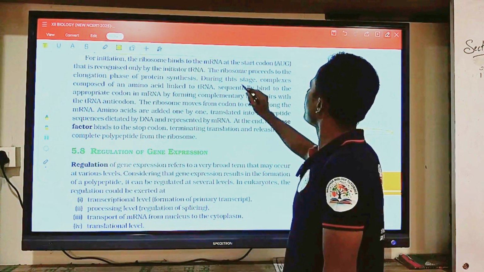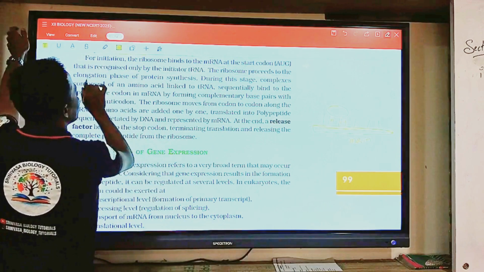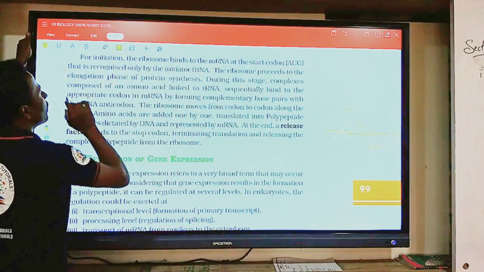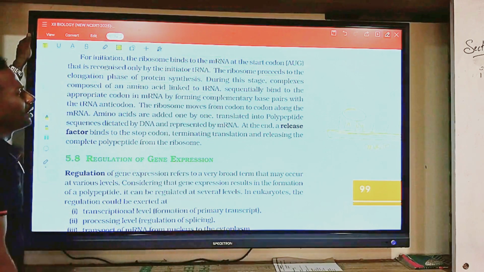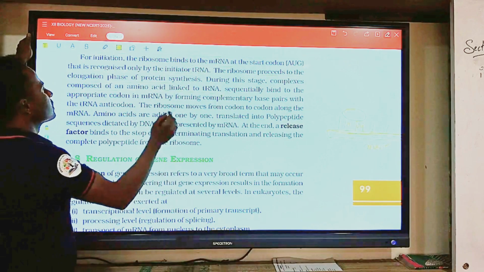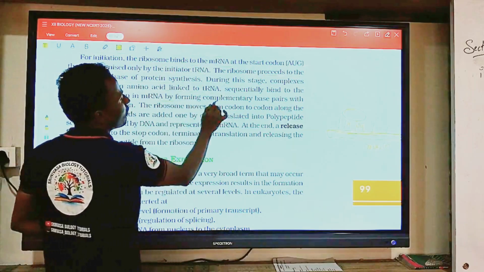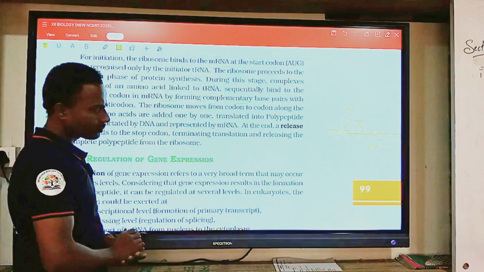When AUG is bound, what happens? The ribosomes proceed to the elongation phase of protein synthesis. During this stage, complexes composed of amino acids linked with tRNA bind to their appropriate codon on the mRNA, forming base pairs with the anticodon. So it is a codon and an anticodon.